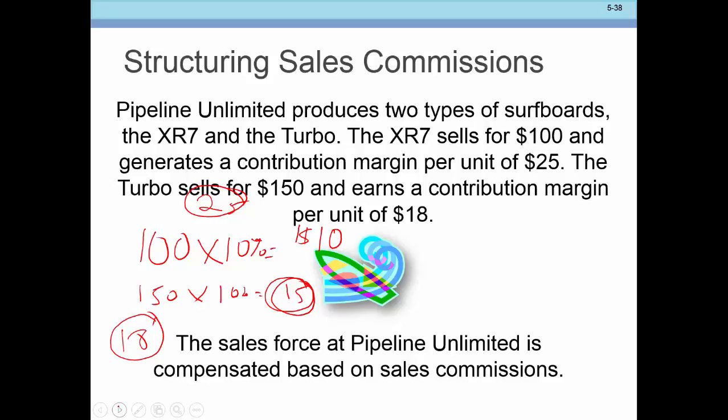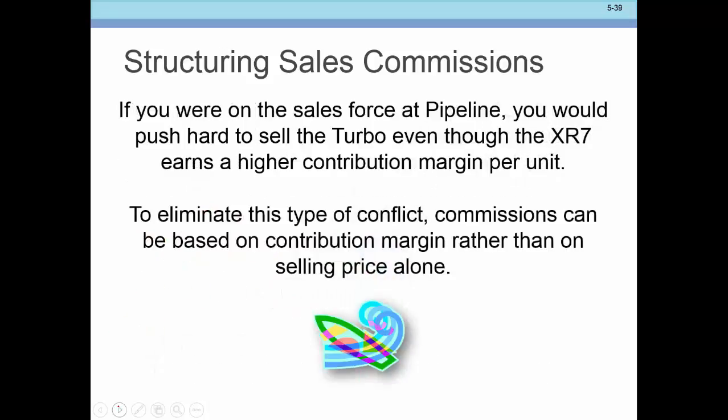So if I'm managing this whole process, I would likely set up my sales commission based on the contribution margin, right? Or at least figure out a way to steer toward selling the one with the higher contribution margin if I'm not doing it strictly on contribution margin. Okay, good. So that's all they're saying there.